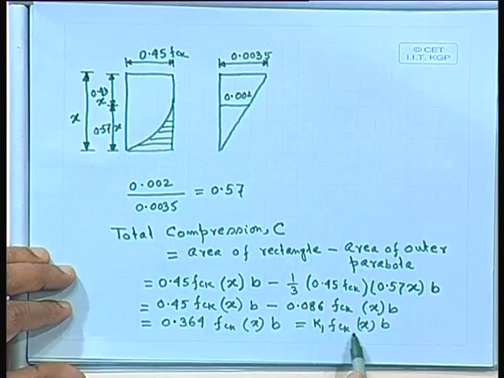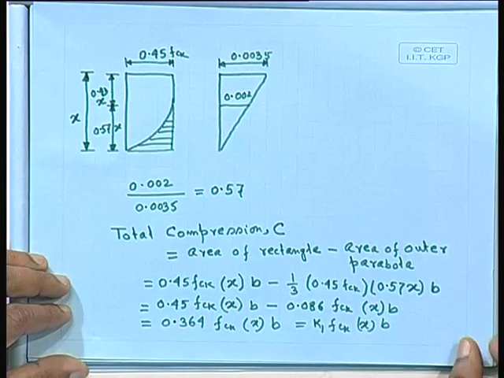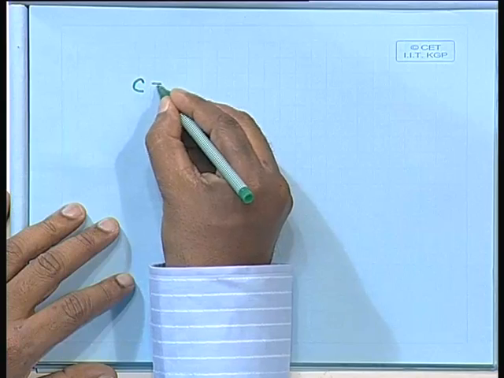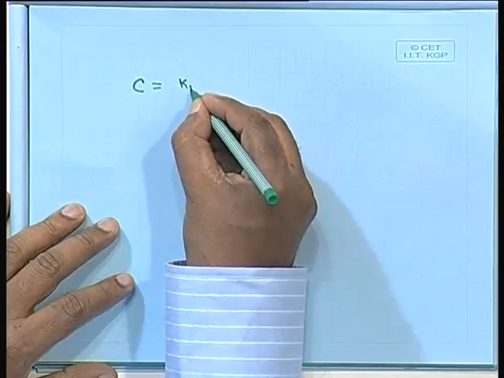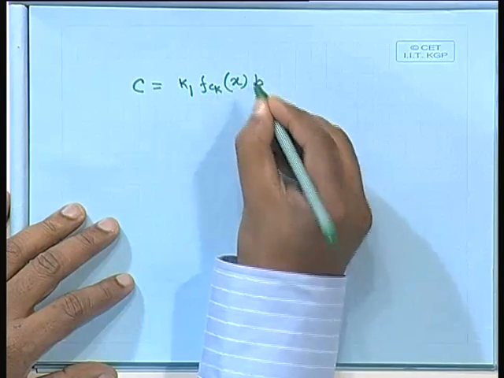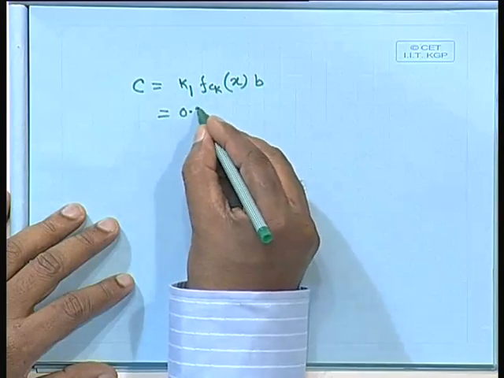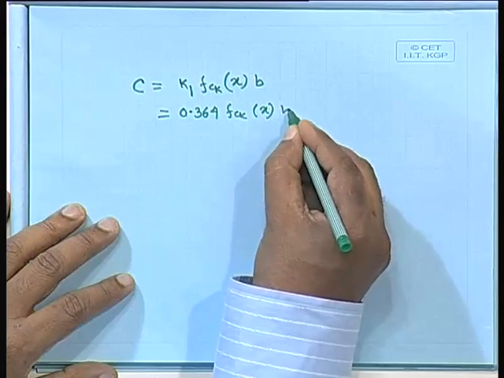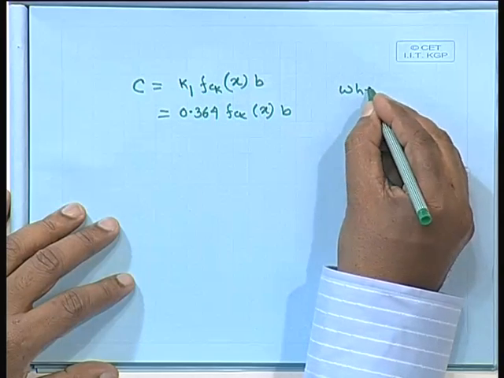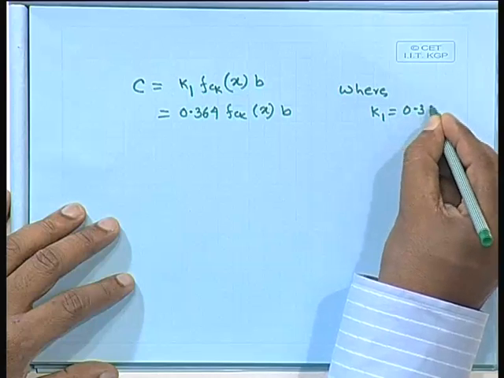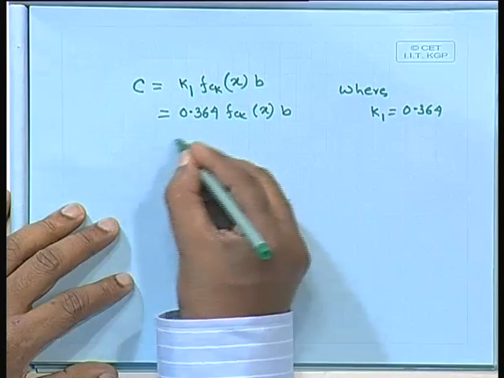So we can write C equal to K1 fck x b, in our case 0.364 fck x b, where K1 equals 0.364.